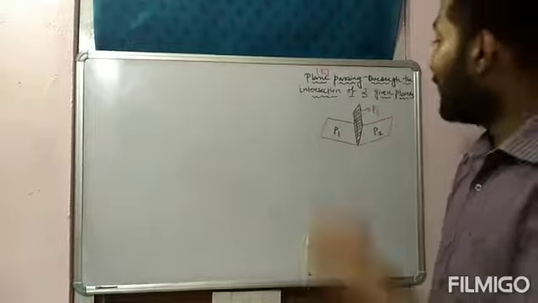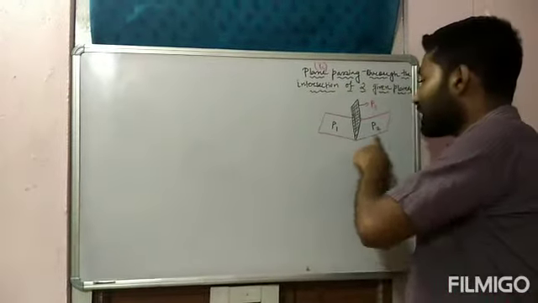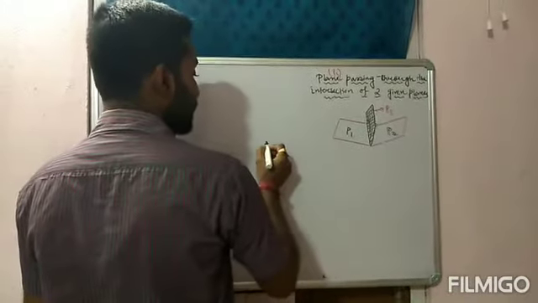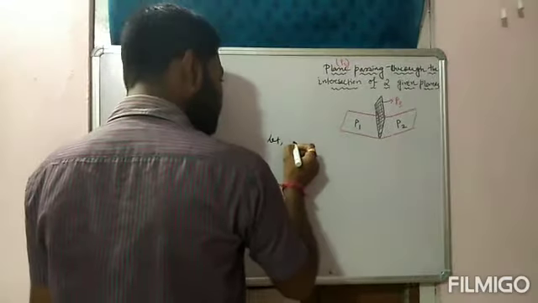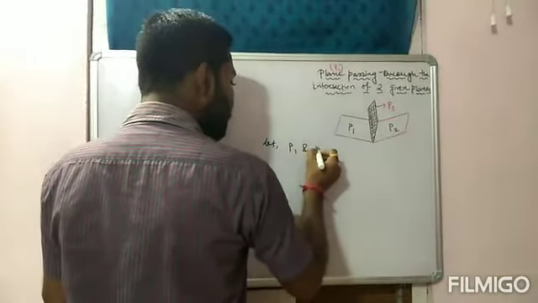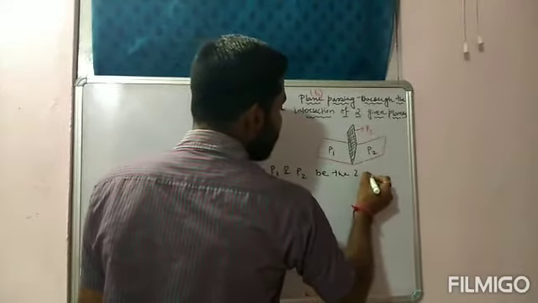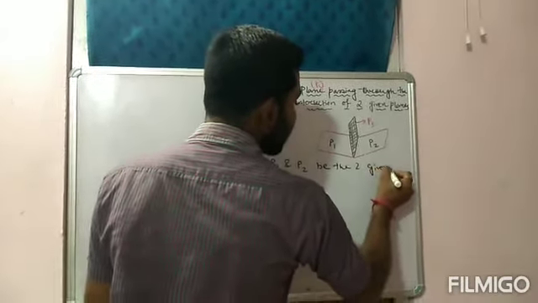How can a plane pass through the intersection of two planes? There are two equations, vector and Cartesian. Okay, first I will write the vector equation. कैसा है? Let P1 and P2 be the two given planes.